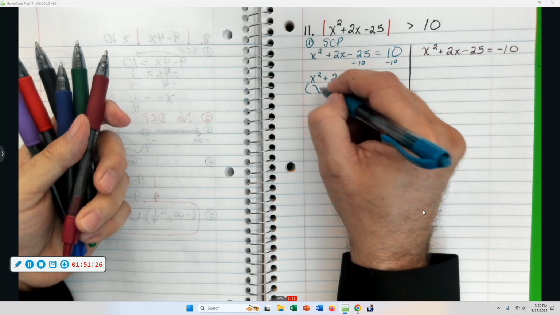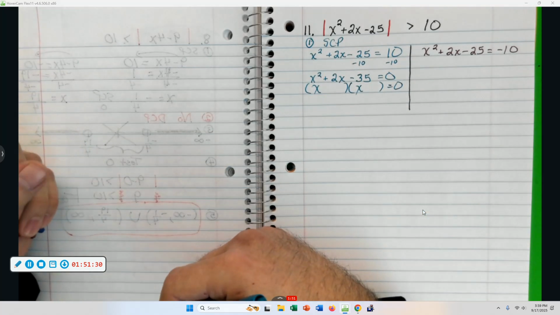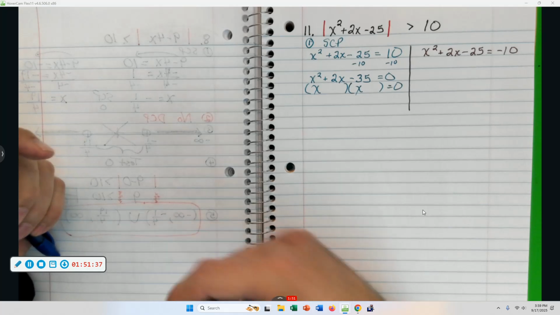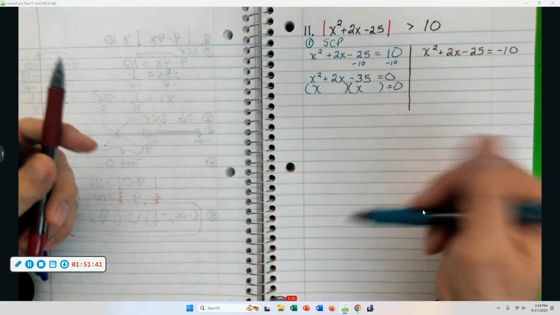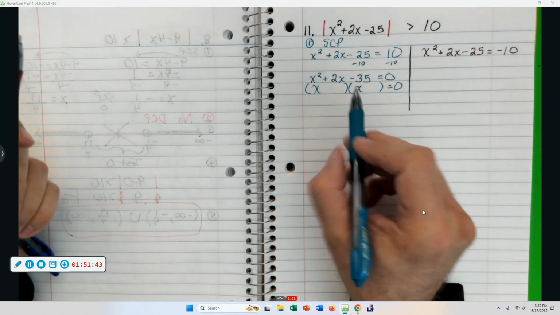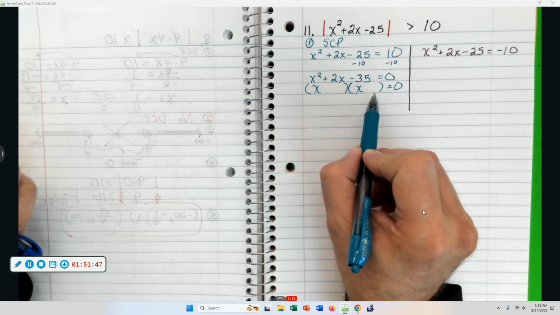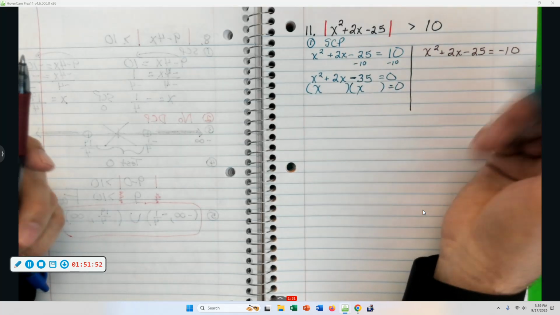So x and x. 1 times 35 or 5 times 7. What sort of signs are we going to have in here? Two pluses, two minuses, or one of each? One of each. The second sign is negative, so one of each sign.